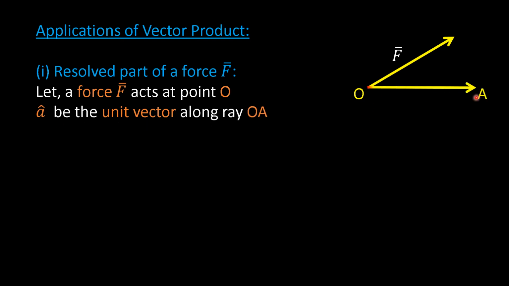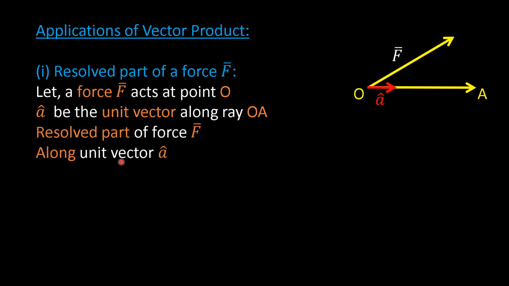This is ray OA and A cap is the unit vector along ray OA. The resolved part of force F bar along the unit vector A cap is another vector defined as F bar dot A cap times A cap.